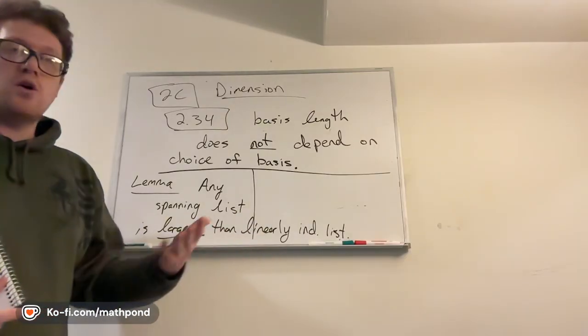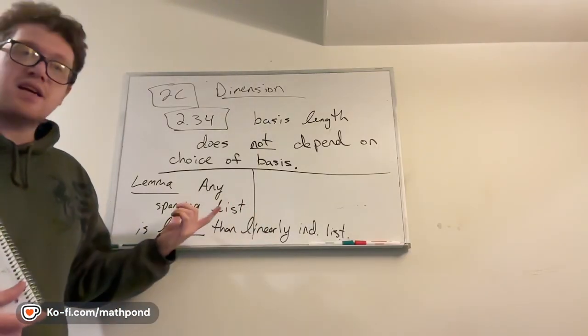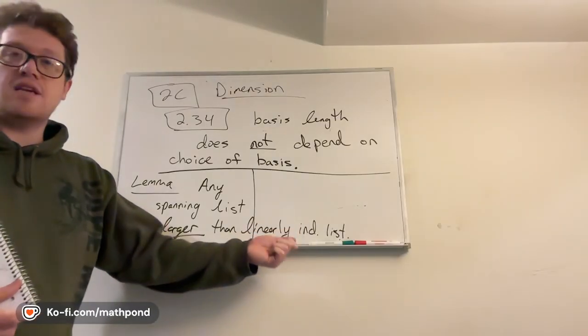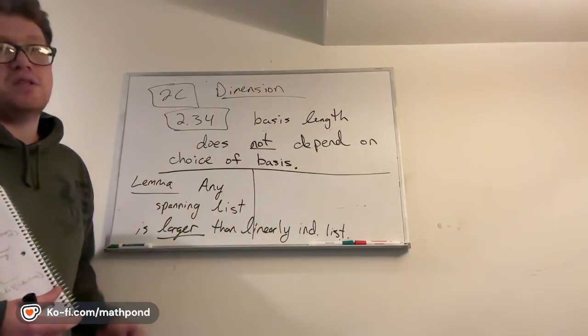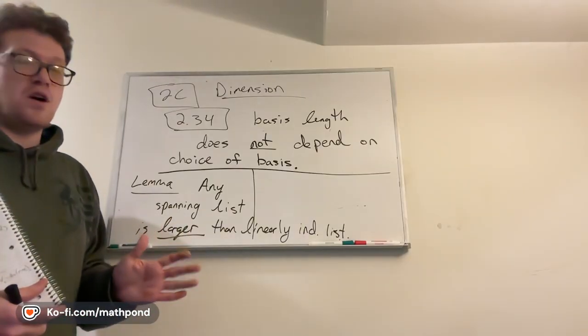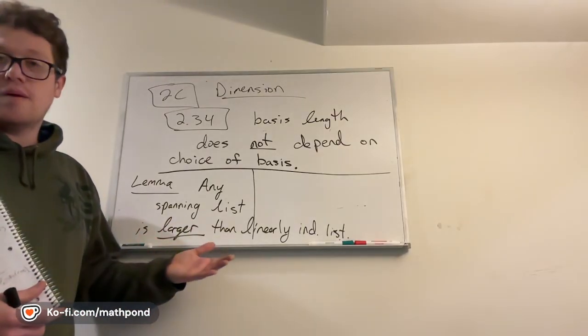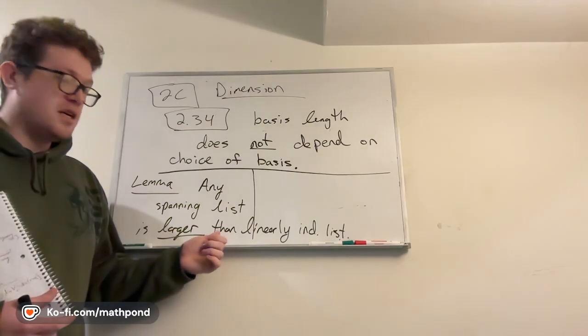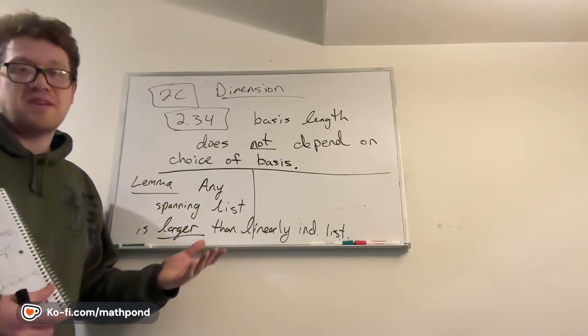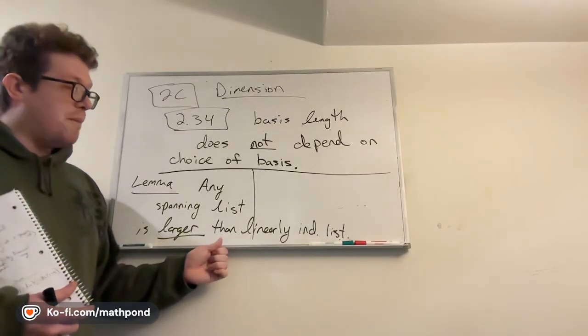He goes through this whole argument to prove that if you have a spanning set and a linearly independent list, then the linearly independent list always has fewer vectors than the spanning list. I wouldn't say it's a trivial argument, but you can look it up in Axler. I'm not going to have time to do it justice here, but you can take my word for it.